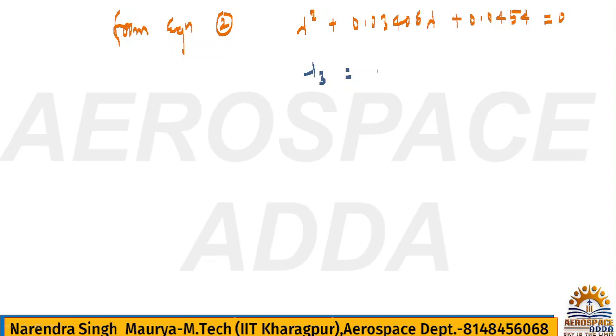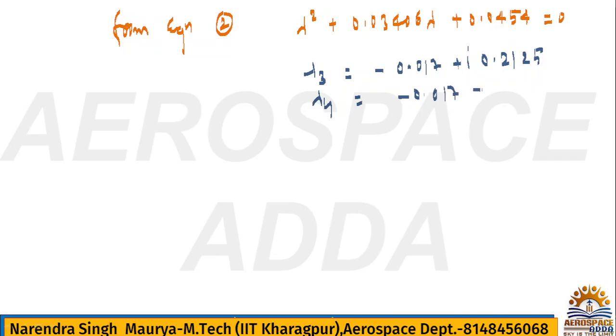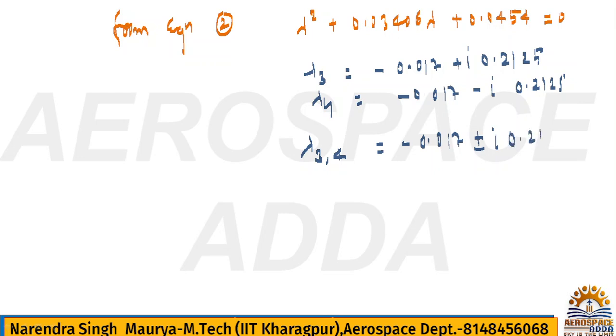So lambda 3 is equal to minus 0.017 plus imaginary part 0.2125, and similarly lambda 4 is minus 0.017 minus i times 0.2125. Or you can write lambda 3,4, the two roots from this equation, as minus 0.017 plus minus i 0.2125.